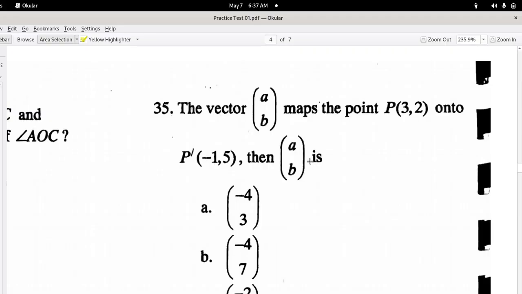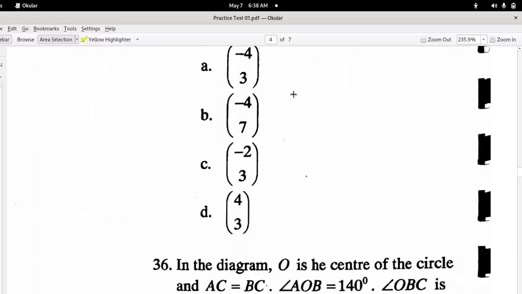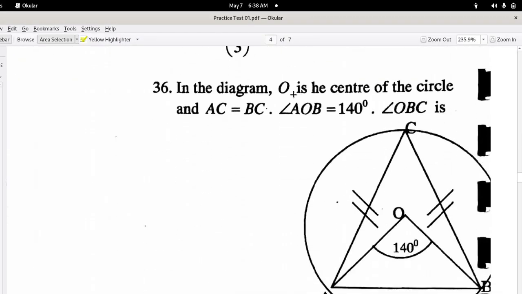Well, in terms of mapping, when you add something to 3, 2, you get negative 1, 5. What is that something? In other words, 3 plus something gives you negative 1, 2 plus something gives you 5. What could that something be? Well, you figure it out there.